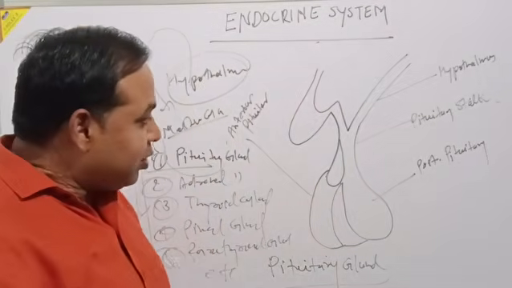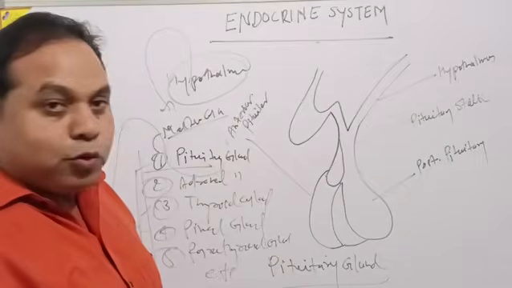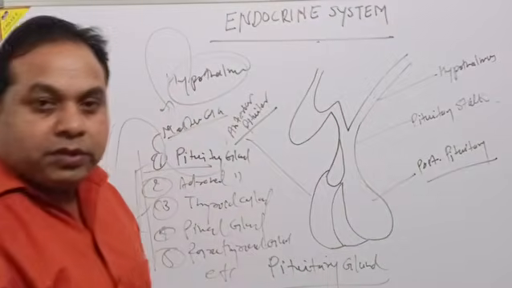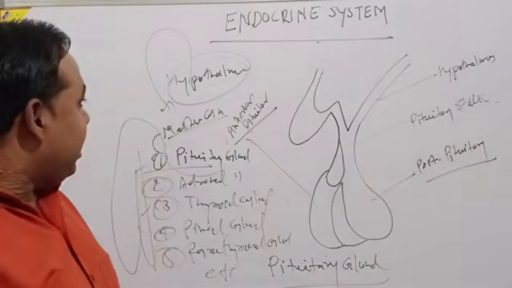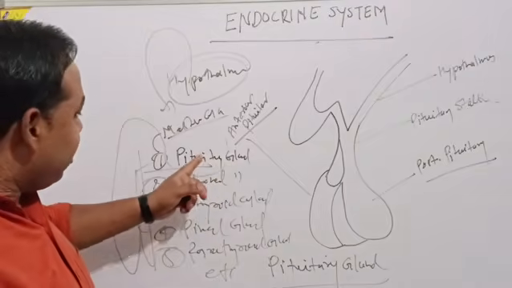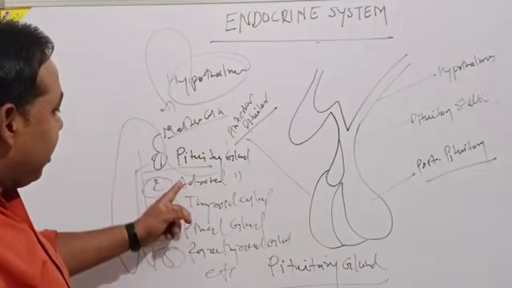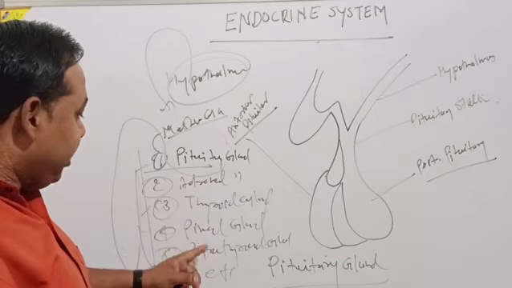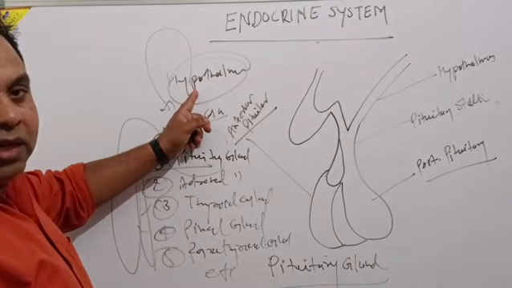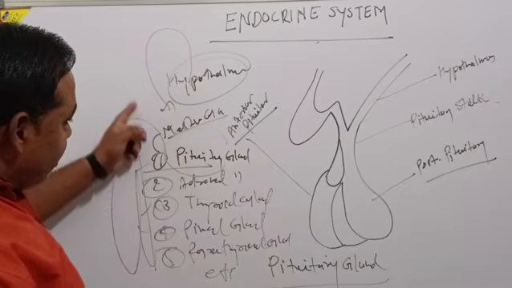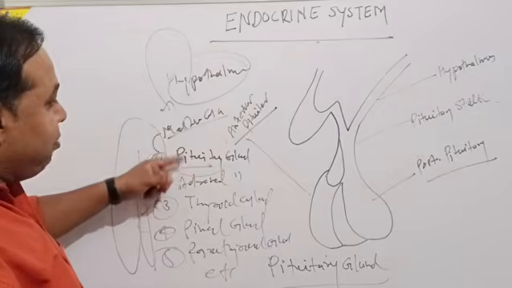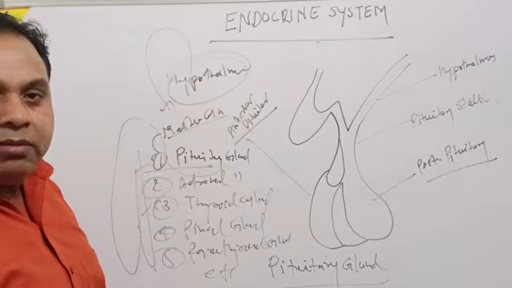This is the structure of the pituitary gland. There are two parts, the posterior pituitary and the anterior pituitary. As I told you, the pituitary controls glands like the adrenal, thyroid, pineal and parathyroid, but the hypothalamus in our brain controls the pituitary. That's why the pituitary is the master gland, but the hypothalamus is the master of the master gland.